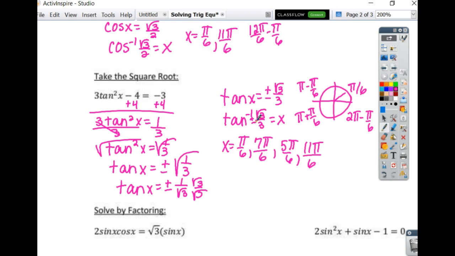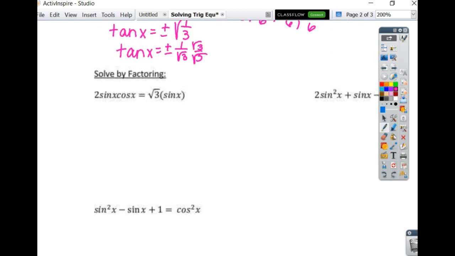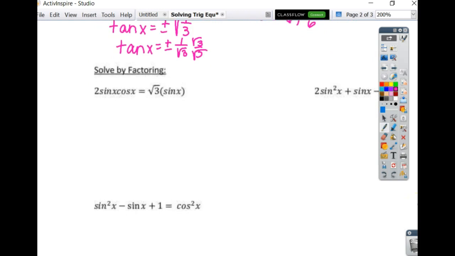Okay. So the next set we're going to do are solve by factoring. I know factoring is your favorite thing to do. But really, I'm just going to start. I'm going to move the square root of 3 sine of x to the other side.